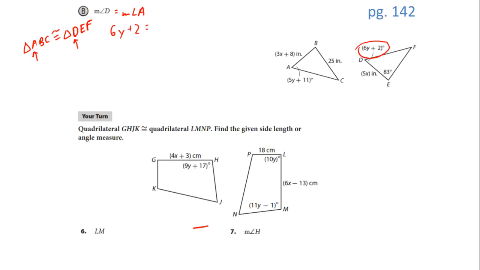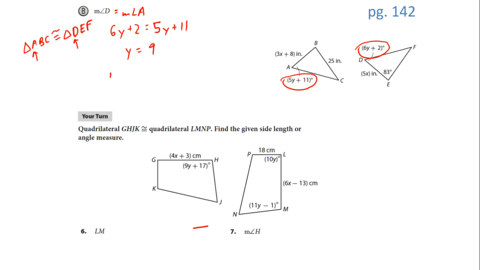And angle A has a 5y plus 11. If we subtract the 5y over, and subtract the 2, we get 9. So y equals 9.